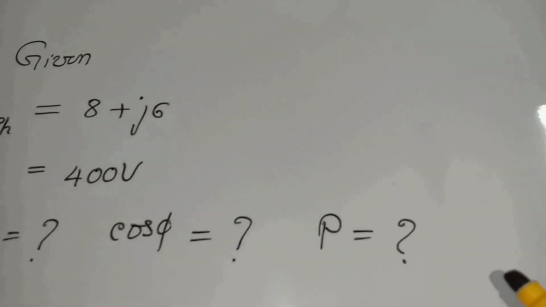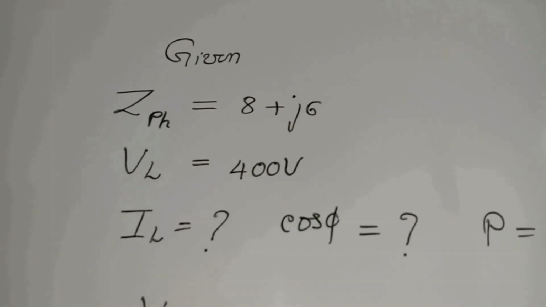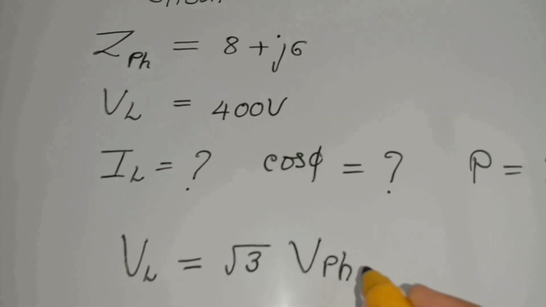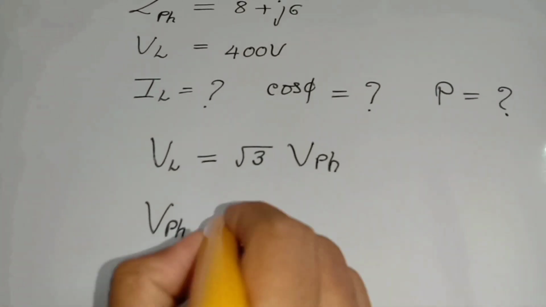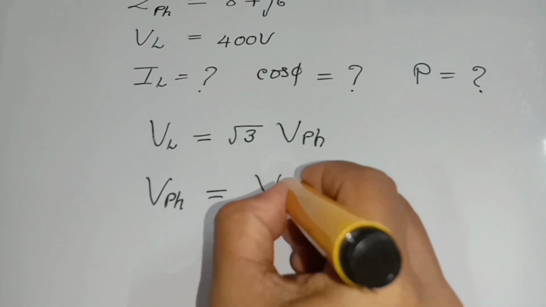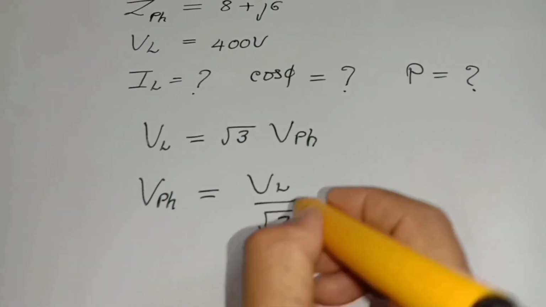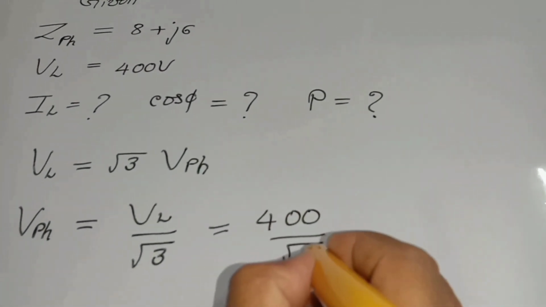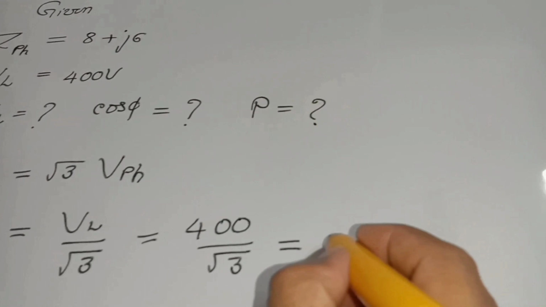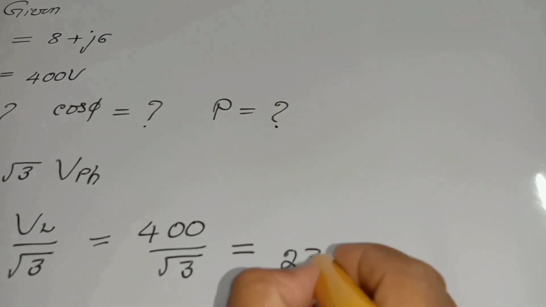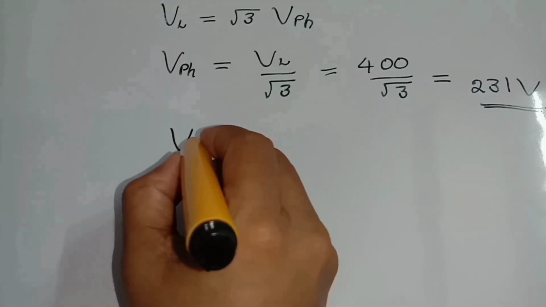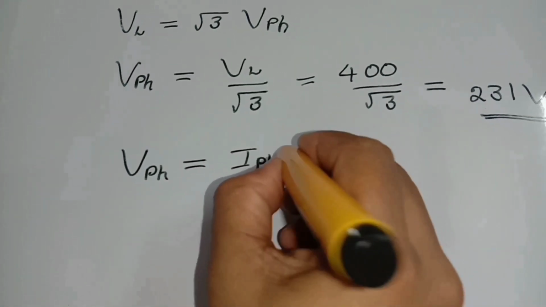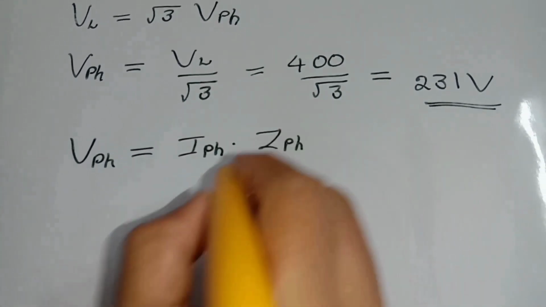To begin with, for a star connected system, we know that line voltage is root 3 times phase voltage. So first we will find the phase voltage, which is equal to line voltage divided by root 3. Substituting, 400 divided by root 3 gives around 231 volt. The phase voltage VPH is equal to phase current IPH into phase impedance ZPH.